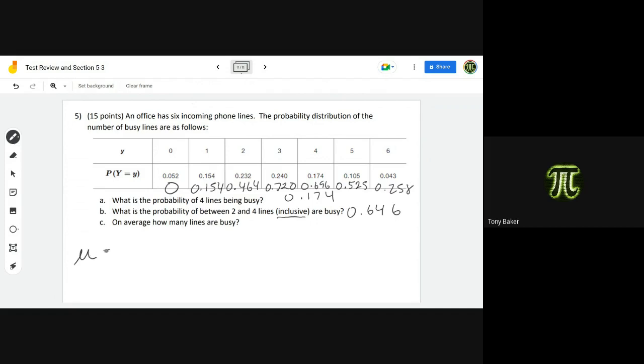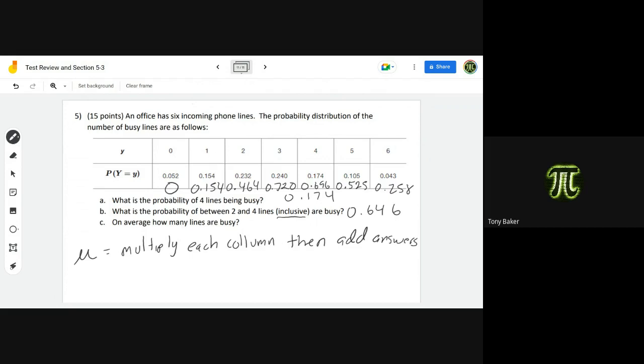So to find the mean, they multiply each column and then add up the answers for this one. Or it could be multiply each row depending on how it's done.